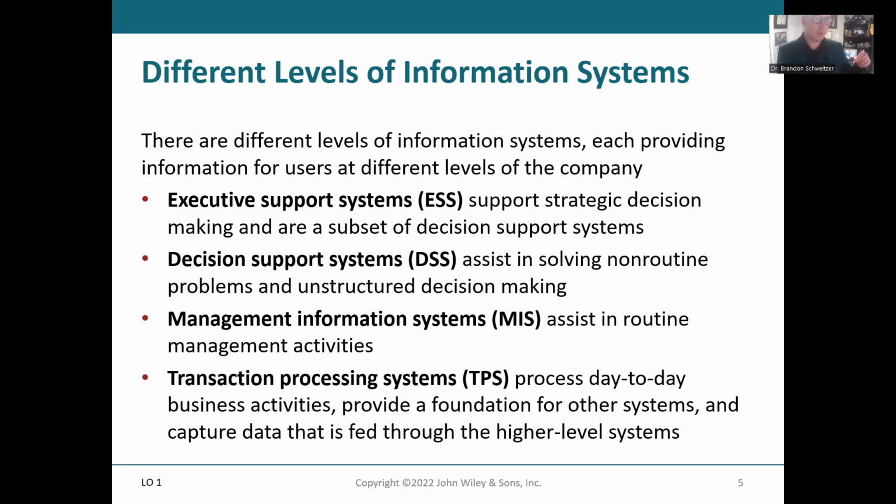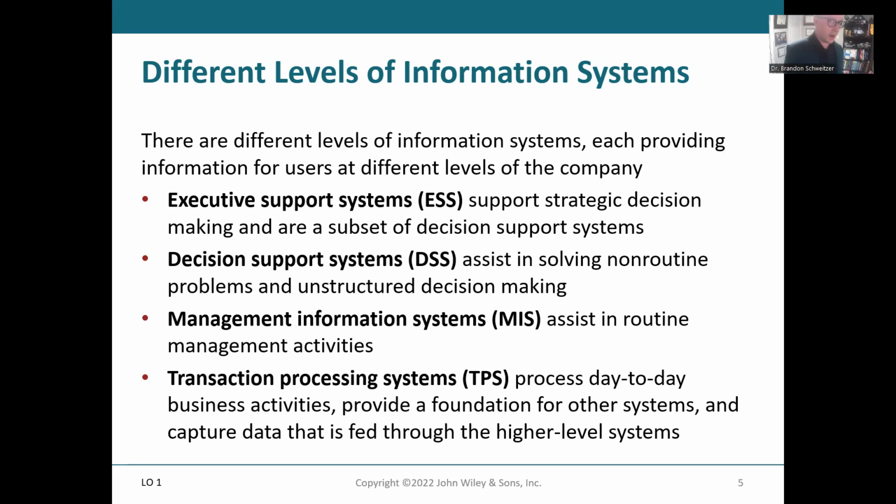The second one here is a decision support system. And in this, we're looking to solve a non-routine problem using unstructured decision-making data. The third level is management information systems.